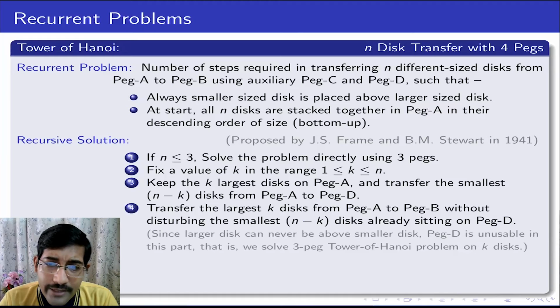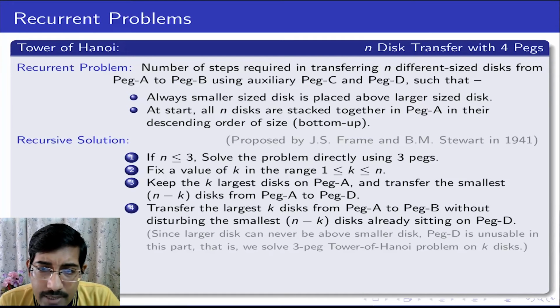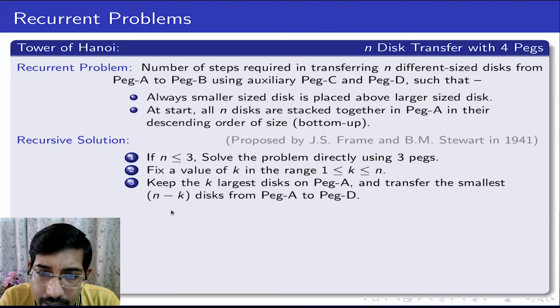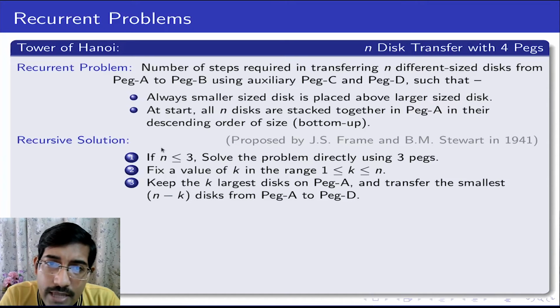So while doing it, when I transfer those top n minus k disks from A to D, I can use B and C. So this transferring of the top n minus k disks is again a recurrence, using the same function or formulation.